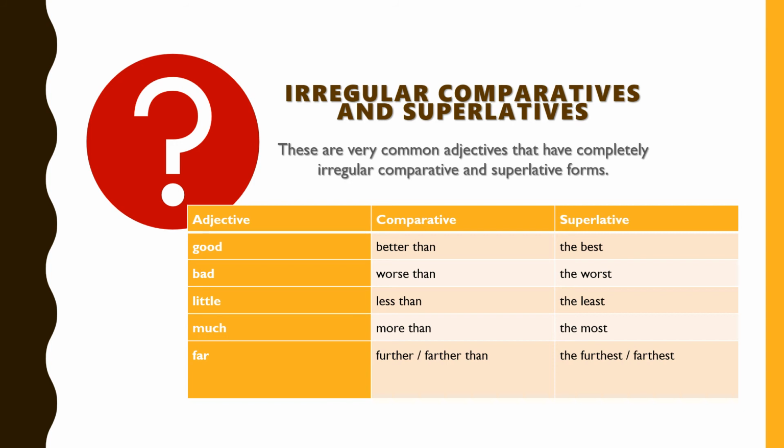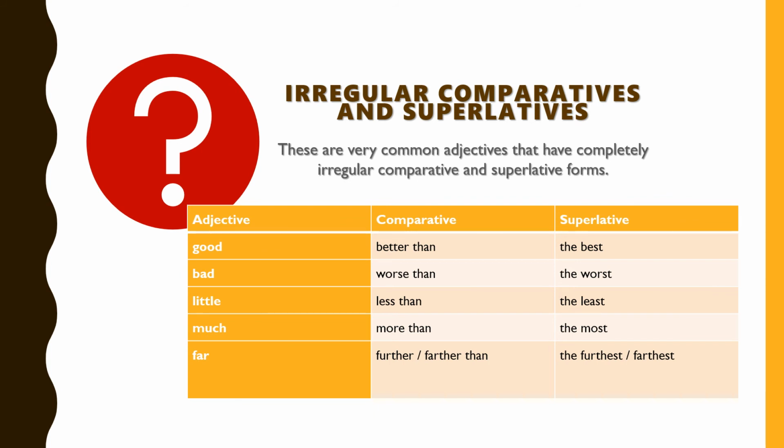Good in the comparative form will be better than, and the superlative form, the best. Bad will be worse than in the comparative form, the worst in the superlative form.